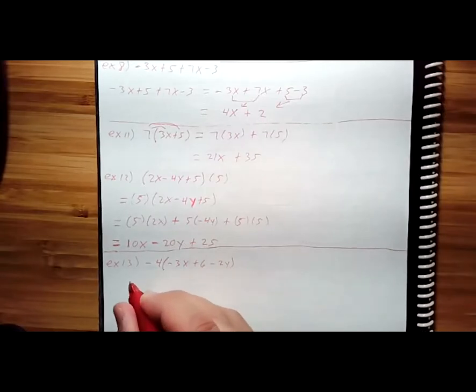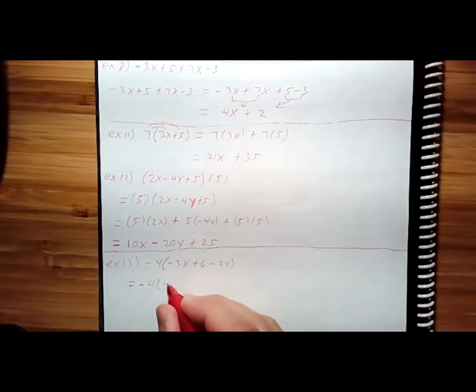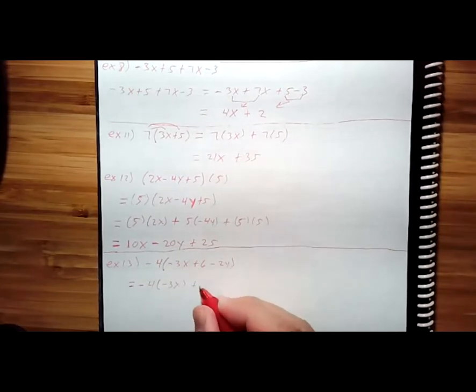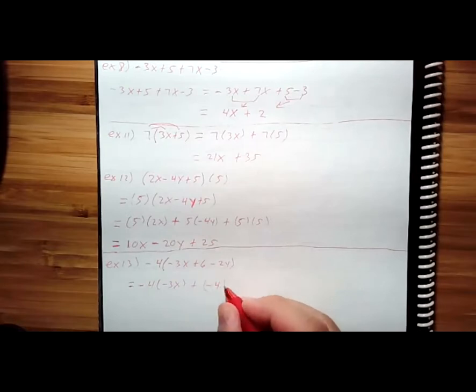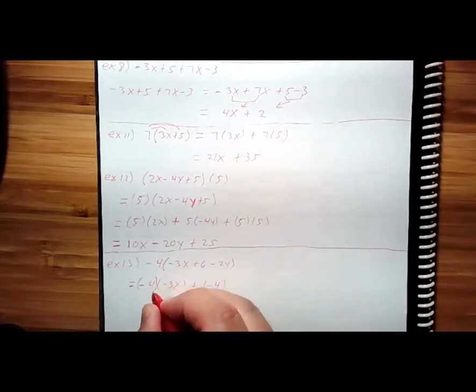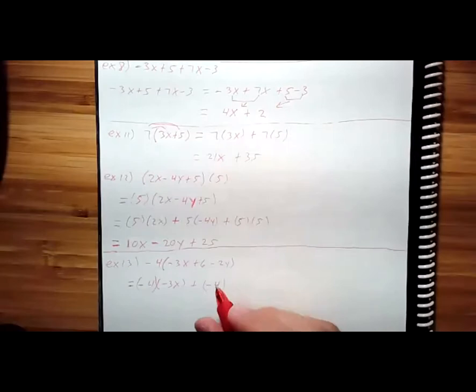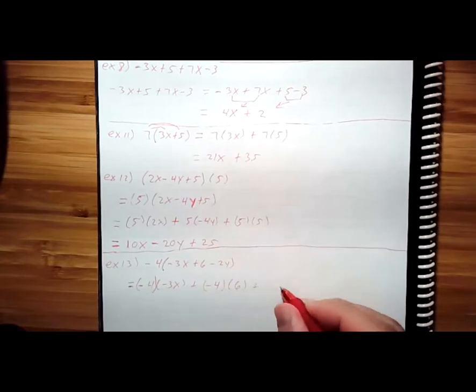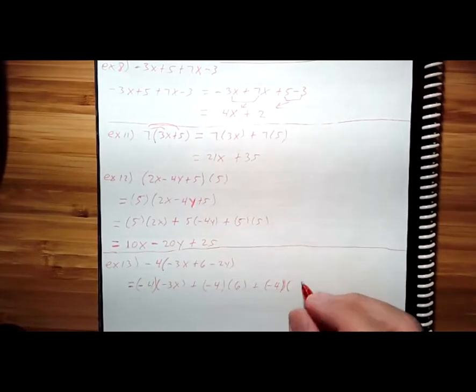So if we do it the way we were doing earlier, we can write it this way. That way we won't mess up the signs. So negative 4 times negative 3x, negative 4 times the 6, negative 4 times negative 2y.